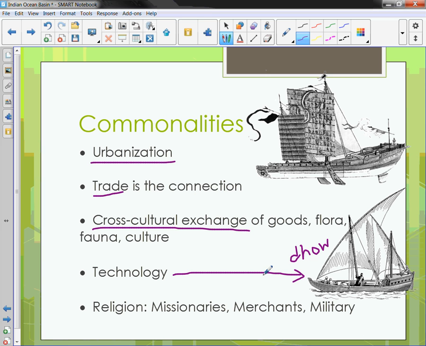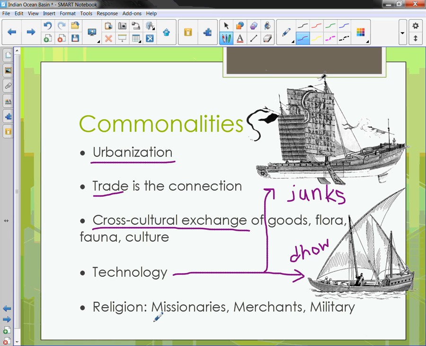Now, that is dwarfed by the preferred ship of East Asia, which is a junk. And these junks could carry up to 1,000 tons of cargo. They were huge. So, this method of transport was incredibly efficient, especially for bulk goods.